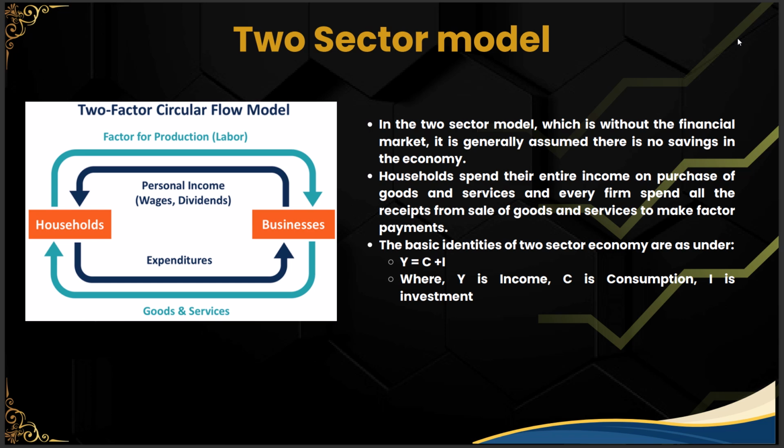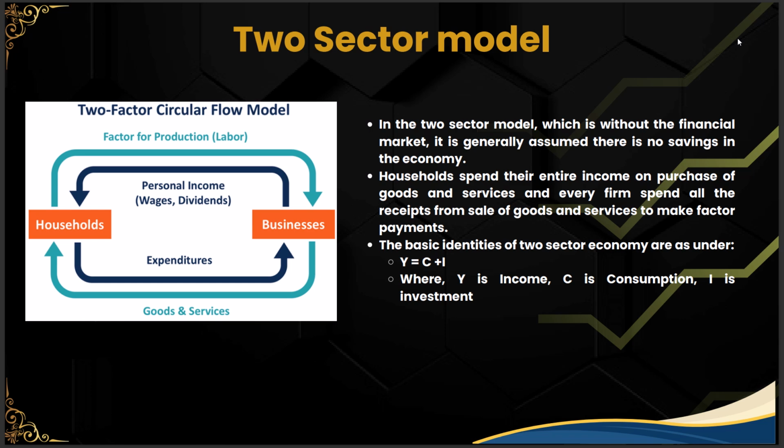Starting with the 2-sector economy, this model is without the financial market. It's assumed that there is no saving in the economy. Looking at the diagram, households spend their entire income on the purchase of goods and services, and every firm spends all the receipts from the sale of goods and services on factor payments.